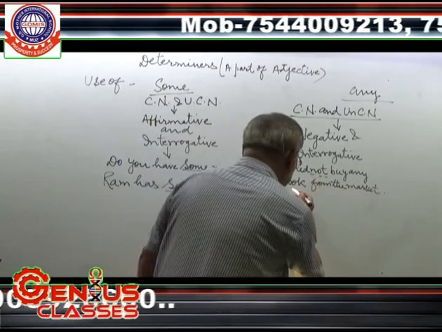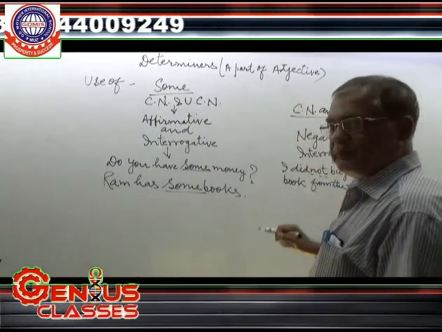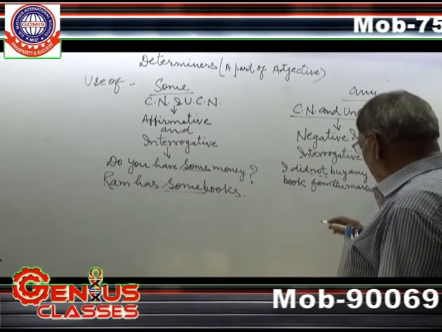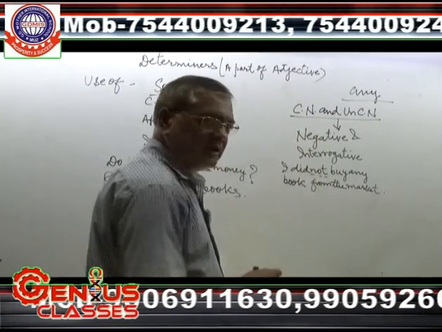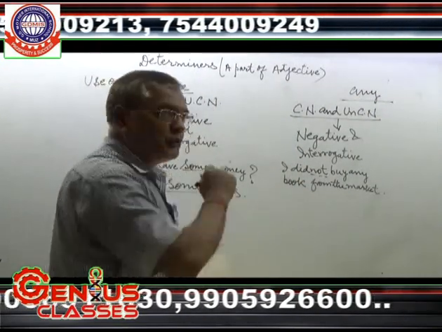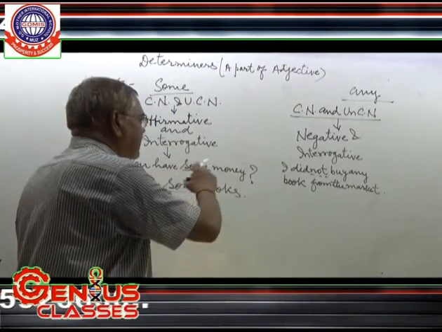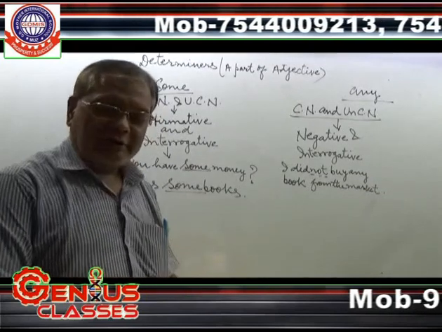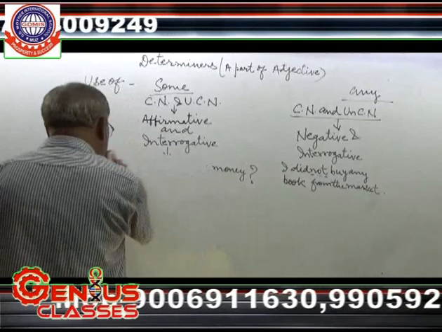And book is a countable noun, so with a countable noun the word any can be used here. I did not buy any book from the market. So likewise, I have explained where to use some and where to use any, in which kind of sentence. Now next let us talk about much and many.